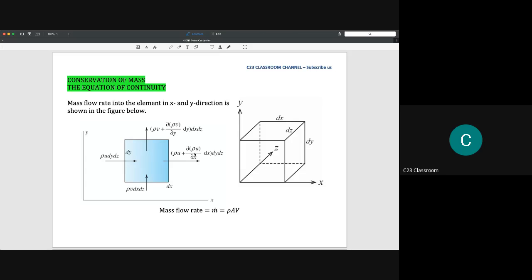I hope you can refresh yourself about the partial differential. It can be written like this.